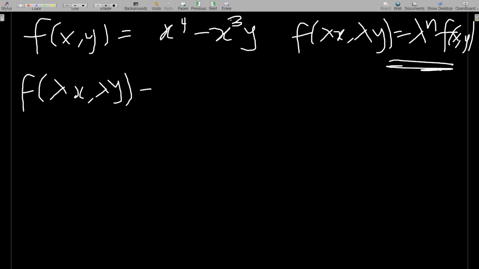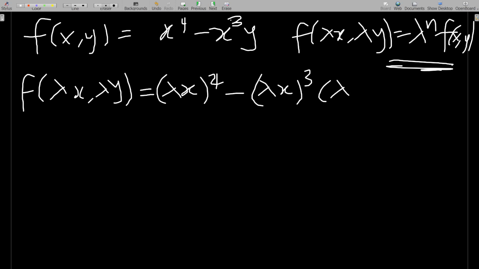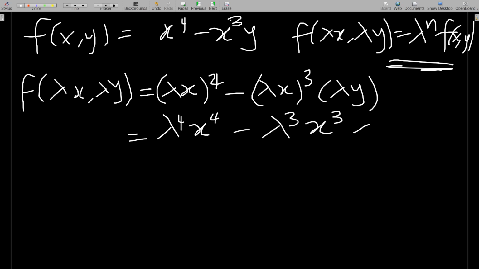That will be equal to lambda x, wherever you see x, you put lambda x there, to the power 4 minus lambda x to the power 3, then y is lambda y. When I raise the whole of this to the power 4, I have lambda to the power 4 x to the power 4 minus lambda cubed x cubed, then times lambda y.